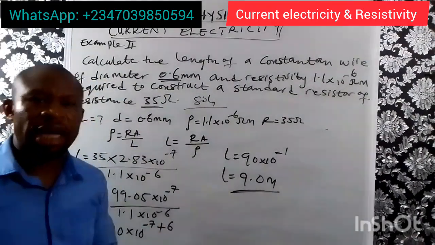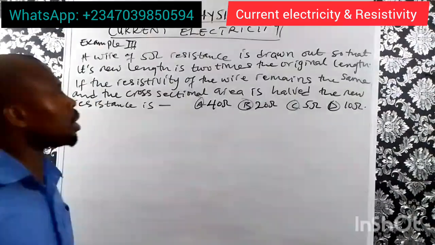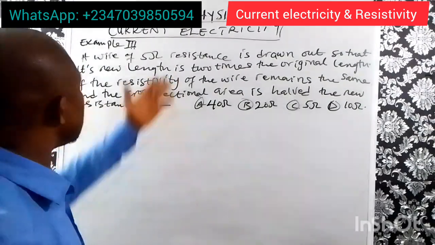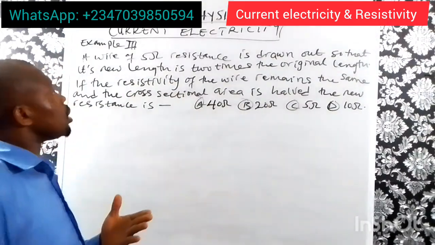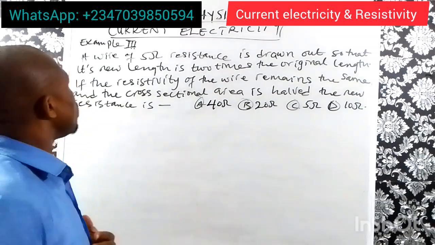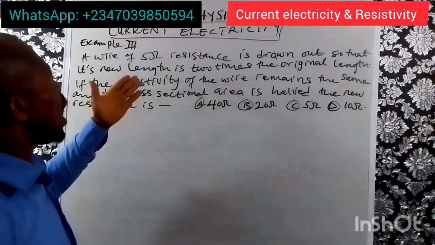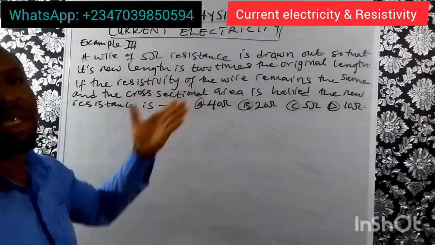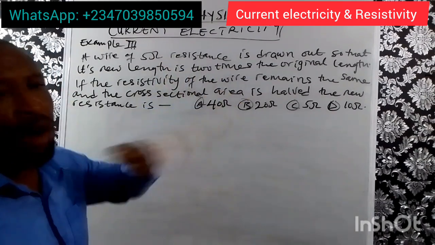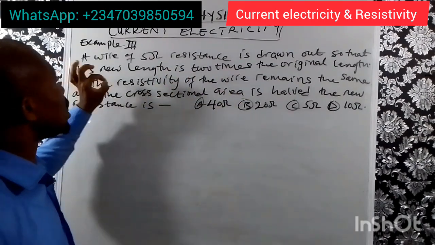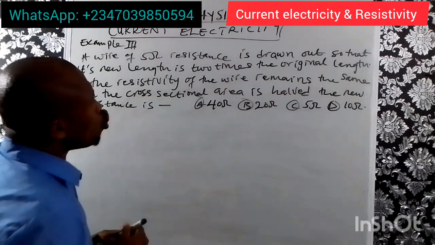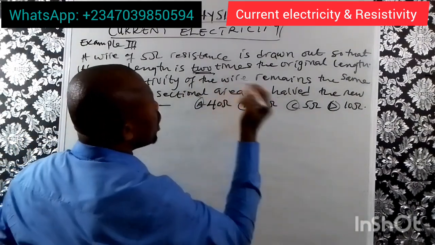Now, let us take another question. We have this third question, of course, the last question for the day. A wire of 5 ohm resistance is drawn out so that its new length is 2 times the original length.